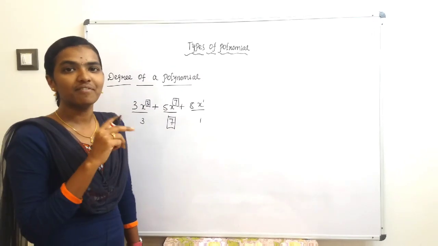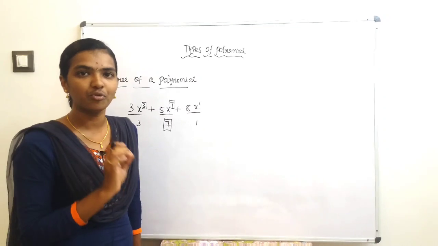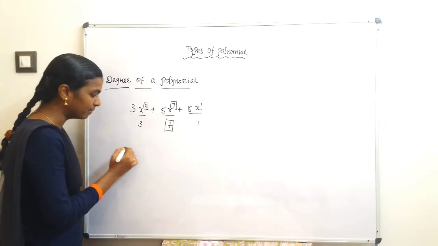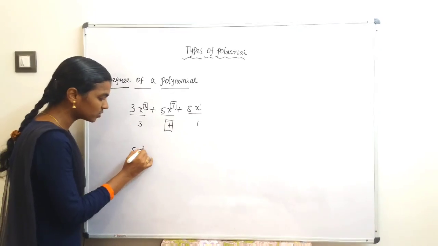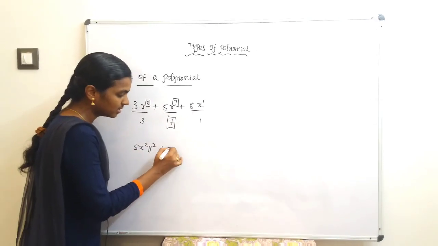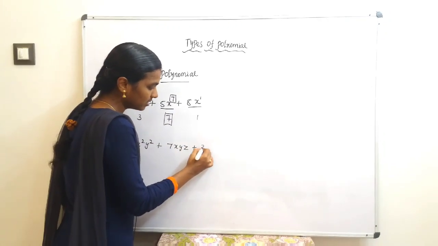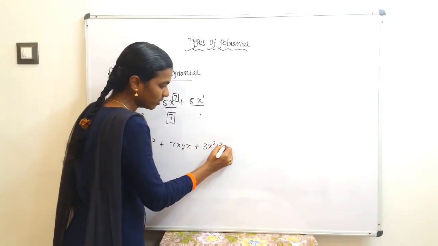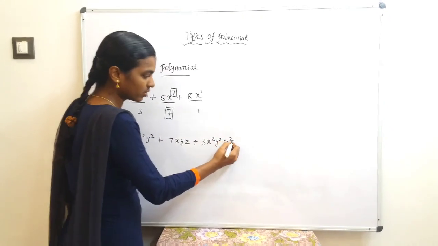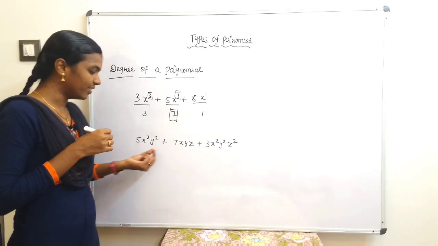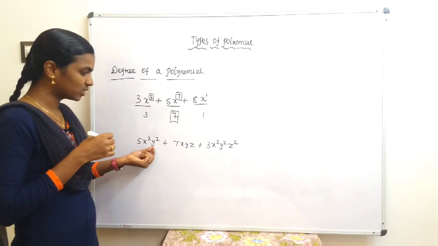If the polynomial has more than one variable, how do we find the degree? Let us see one example for more than one variable: 5x square y square plus 7xyz plus 3x square y square z square. In this polynomial there is more than one variable, x, y, z.